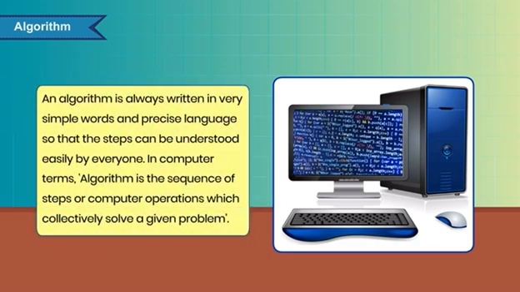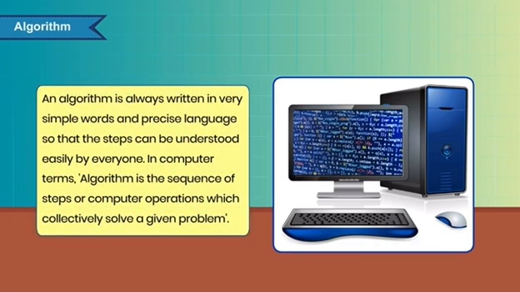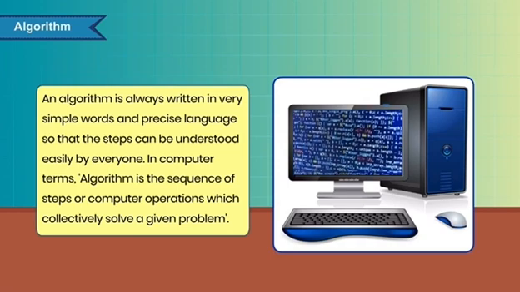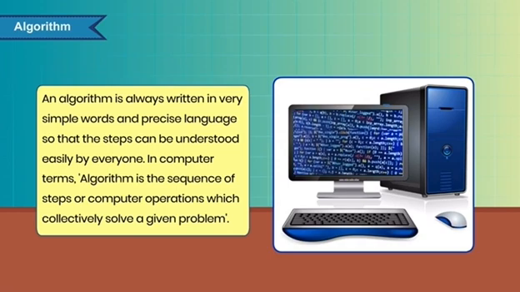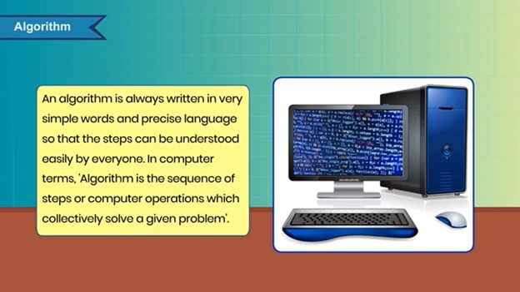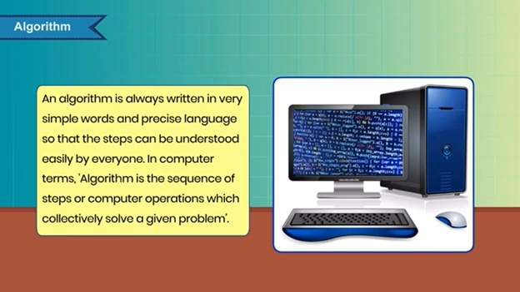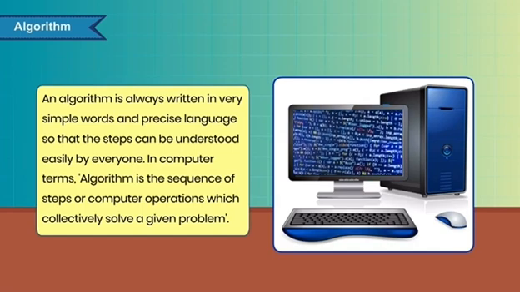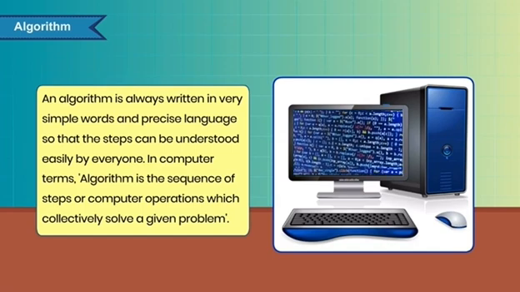An algorithm is always written in very simple words and precise language so that the steps can be understood easily by everyone. In computer terms, algorithm is the sequence of steps or computer operations which collectively solve a given problem.